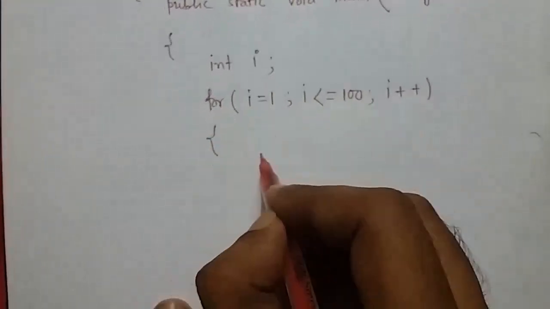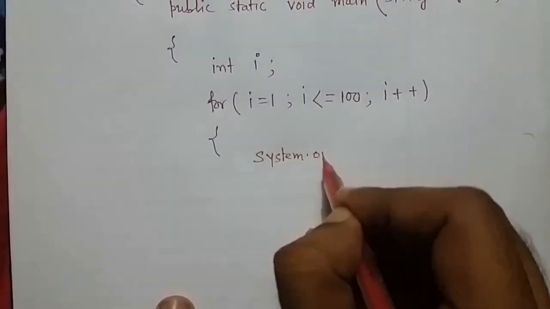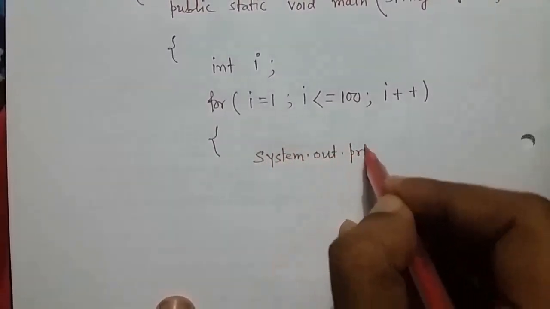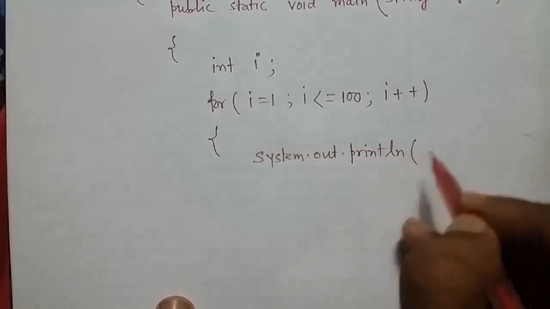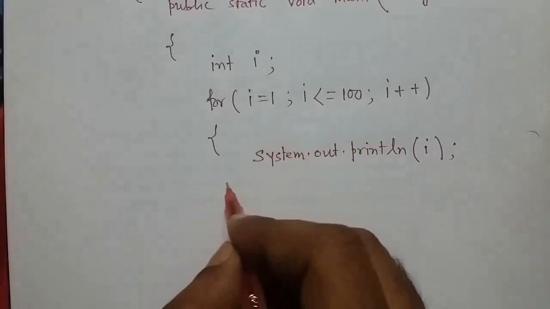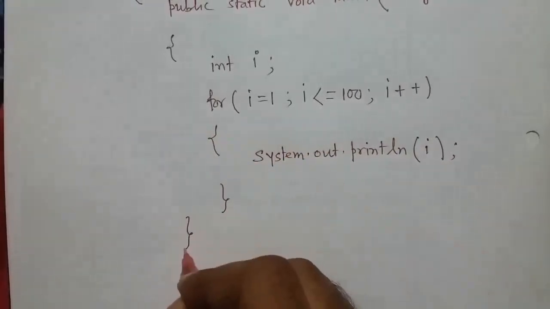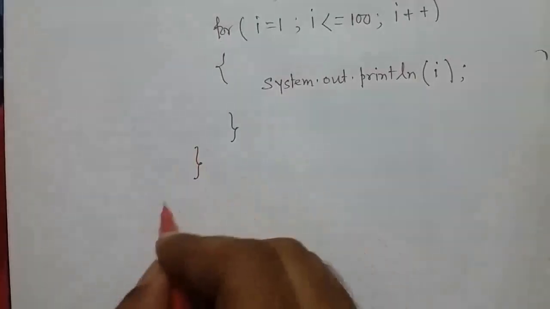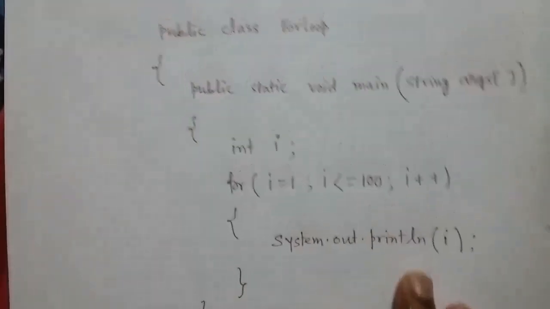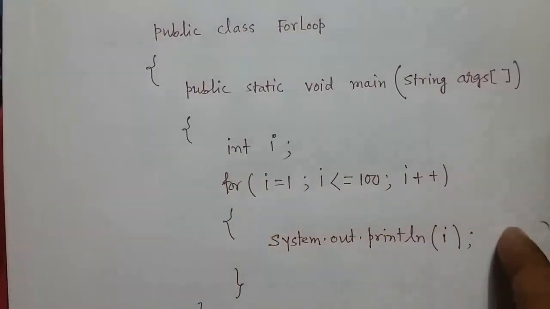And inside the loop we will keep only one statement, that is System.out.println(i). So the value of i will be printed in every iteration. So this is the end of the for loop, this is the end of the main function, and this is the end of the class. So this is our program to print all the natural numbers from 1 to 100.